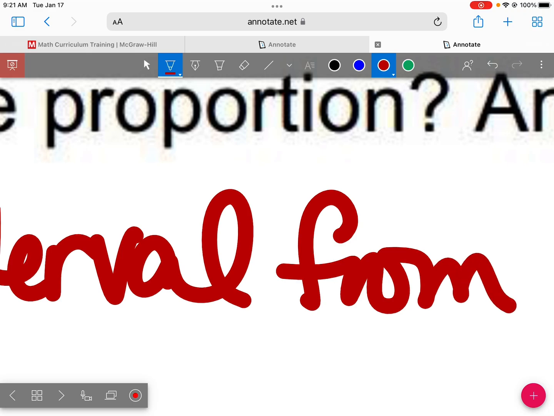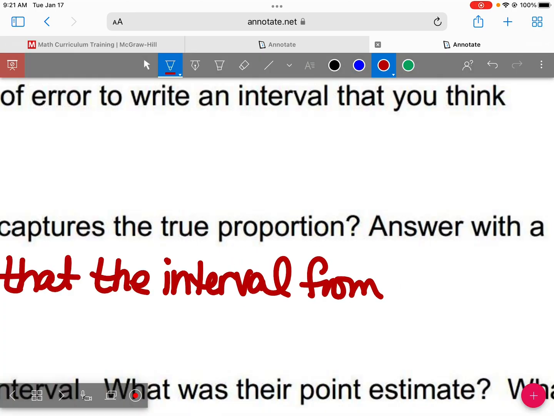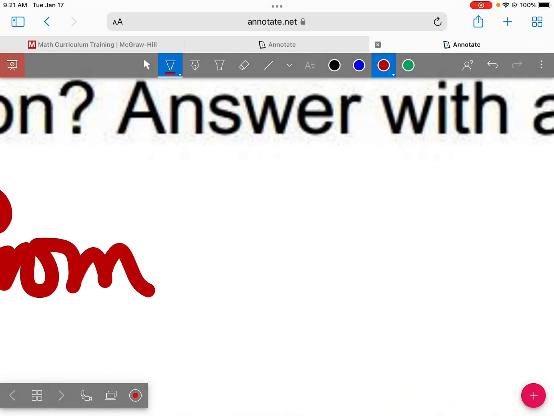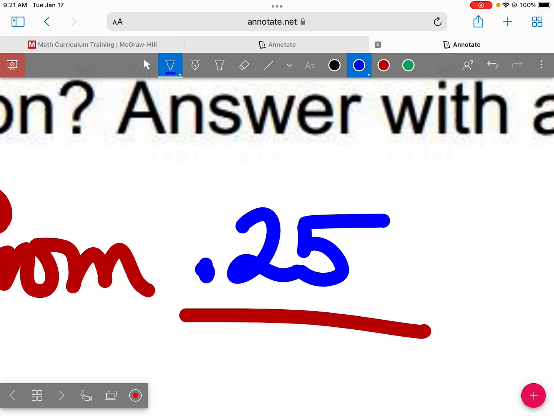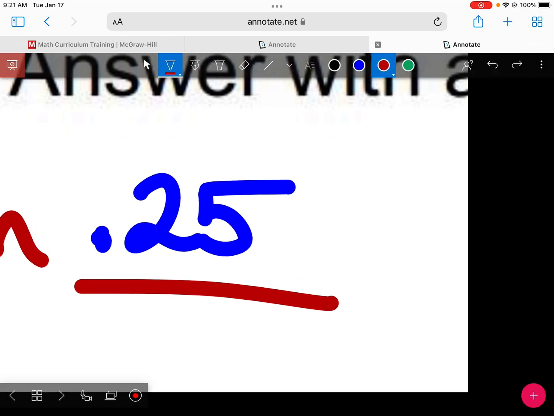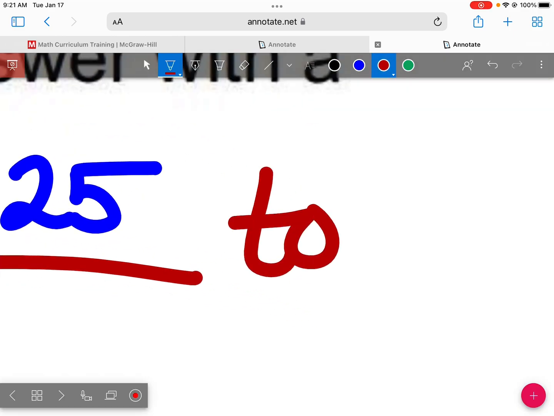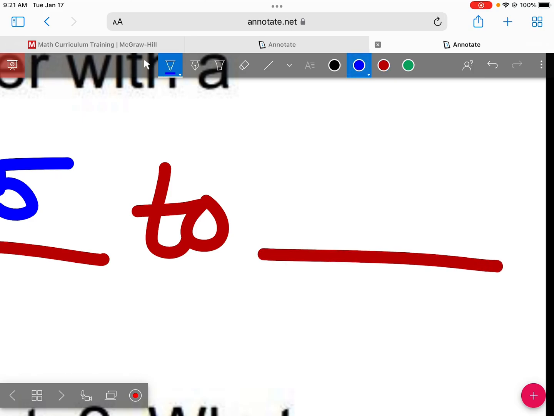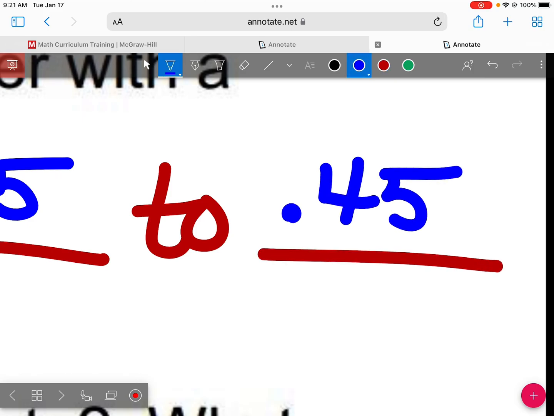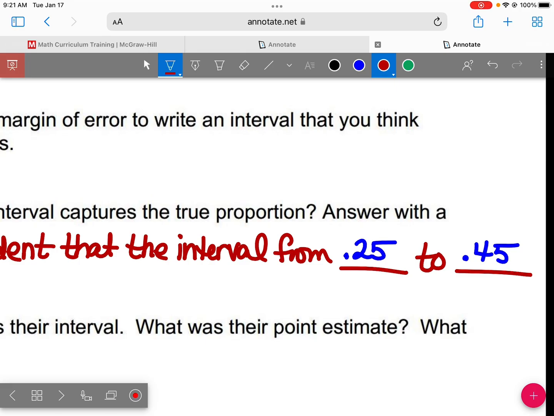I'm going to use the one that I came up with, mine was from 0.25 to 0.45, captures the true proportion of red beads in the jar.